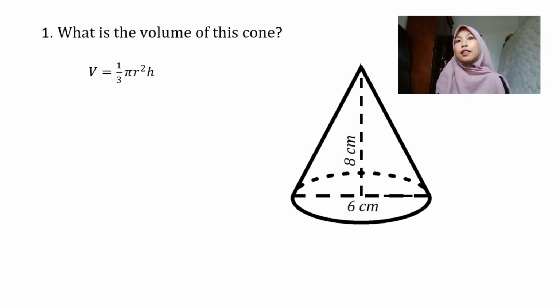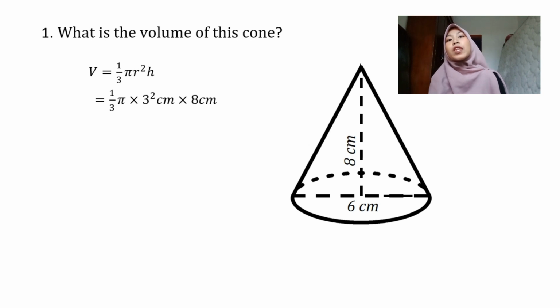So to find the volume of the given cone, since the radius is 3 centimeters and the height is 8 centimeters, we can plug the information into the formula to get 1/3 times pi times 3 centimeters squared times 8 centimeters. Remember that 3 centimeters squared is the same thing as 3 times 3, which is equal to 9 centimeters squared.